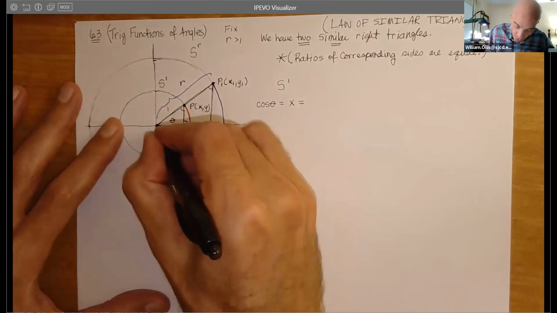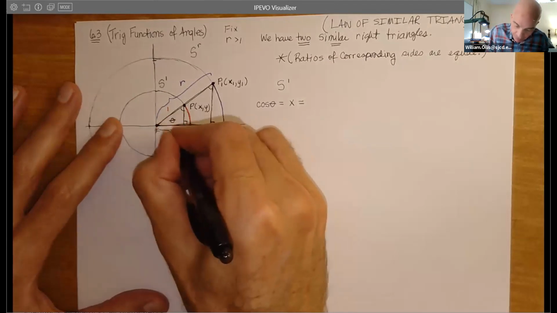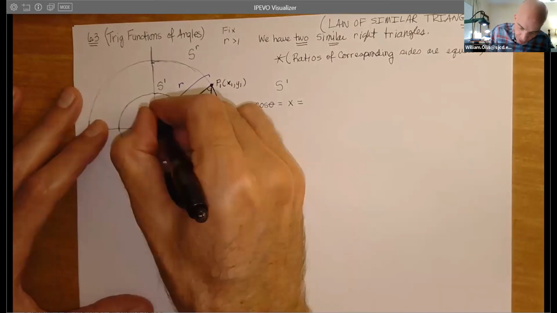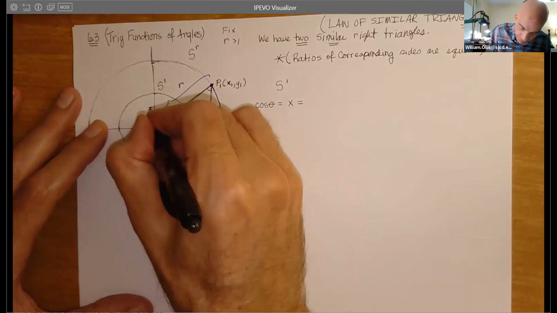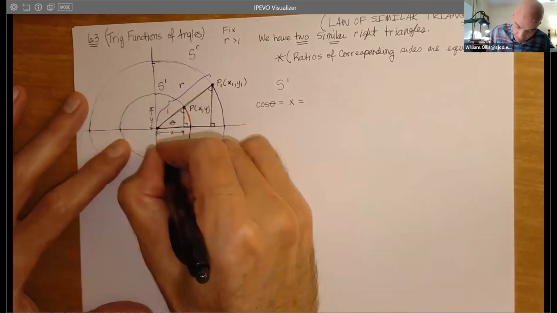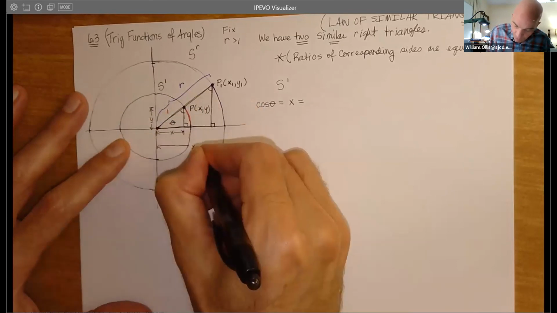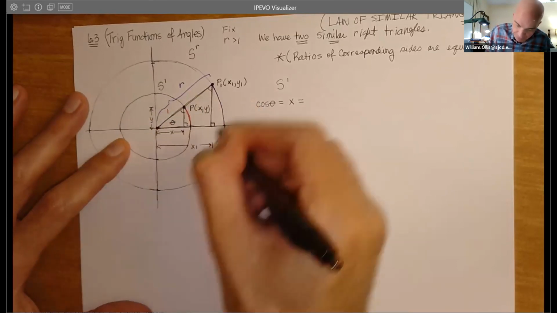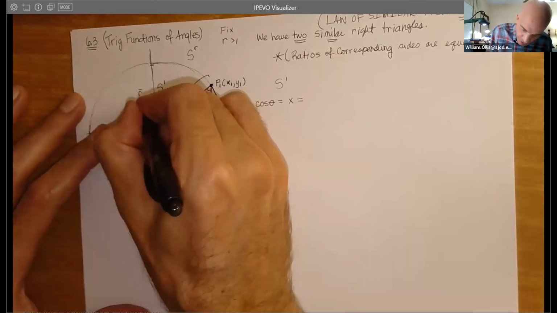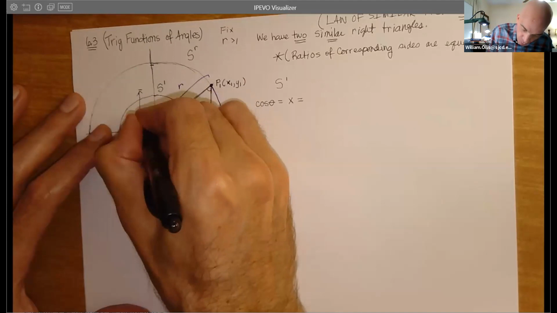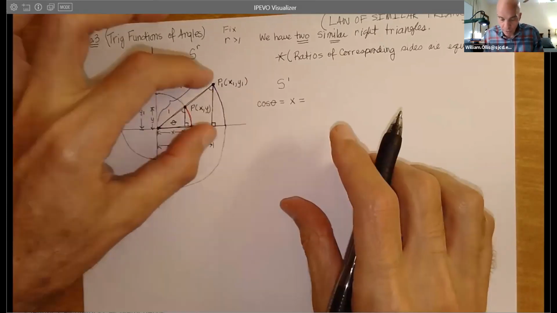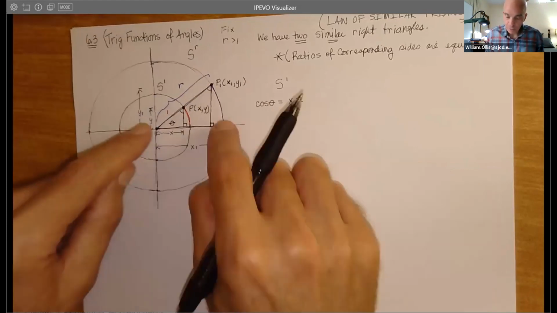Let me go ahead and draw it in. This is x and this distance here is y. Likewise, this distance here is x1, and the distance from here down to the x-axis is y1 right there. So y, y1, x, x1.